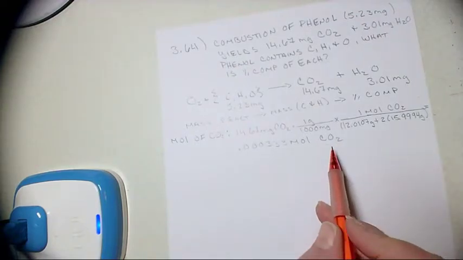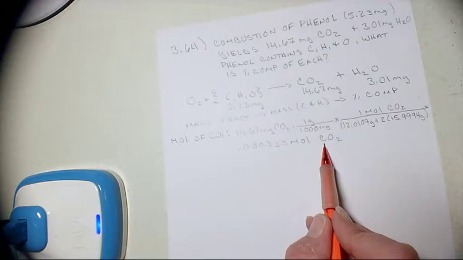But I need to get into moles of carbon so I can get into mass of carbon. And you can do this in one line if you don't write as big as I do. And you can just fit it all nice as punch, it's fine.